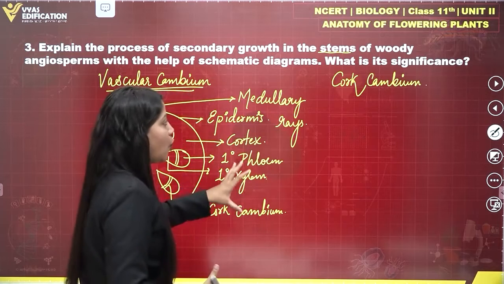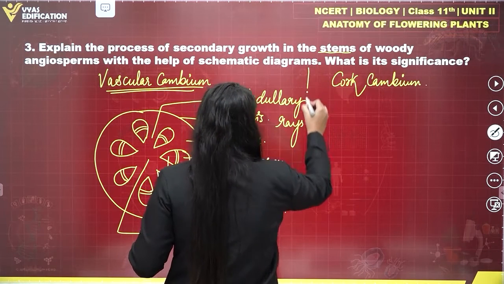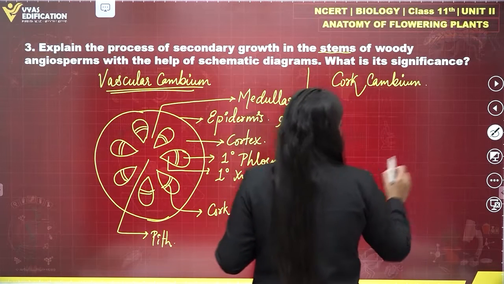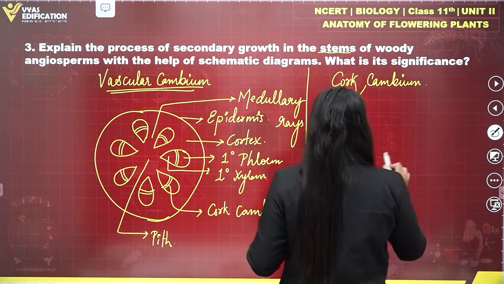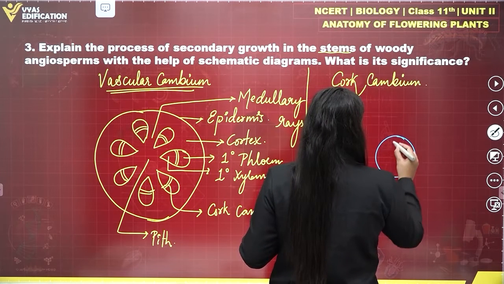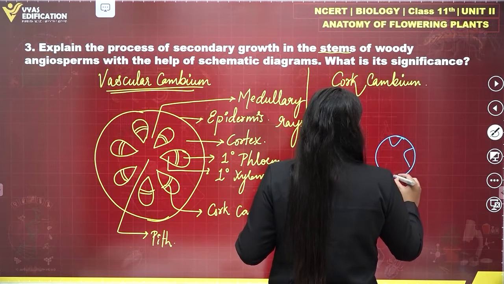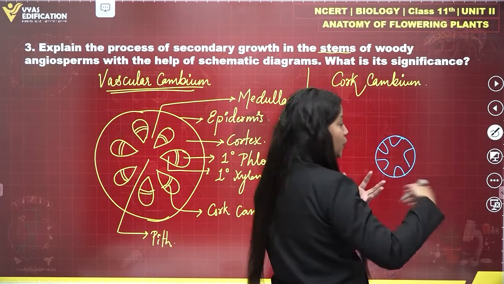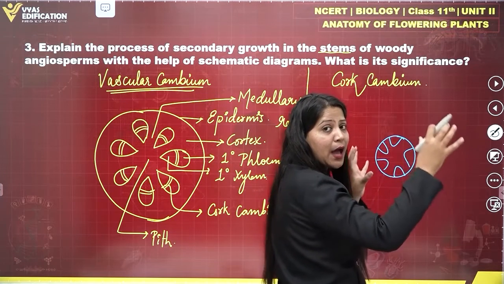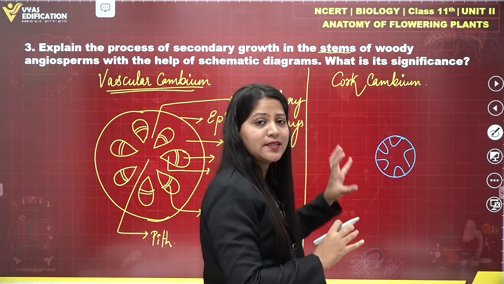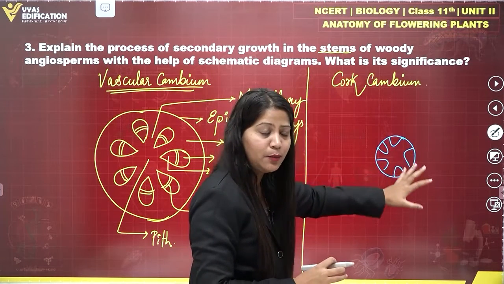Now let's draw another type of cambium, that is Cork Cambium. This is your innermost circle. Bundles are present, and I'm drawing the schematic diagram when the secondary growth has taken place.